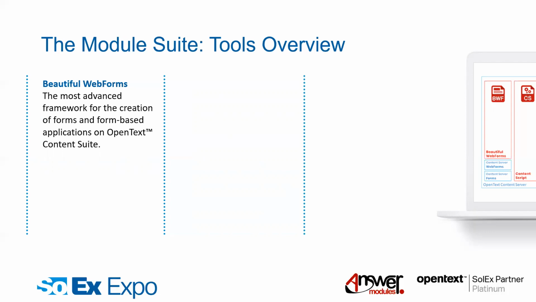So with it, you'll be able to create very powerful and very good-looking ergonomic forms for pretty much any business requirement. And then we have Content Script. This is the first genuine scripting engine dedicated to Content Suite. Ultimately, it allows you to implement any sort of customizations, automations, integrations, and a lot more.